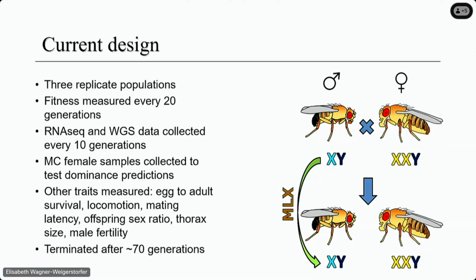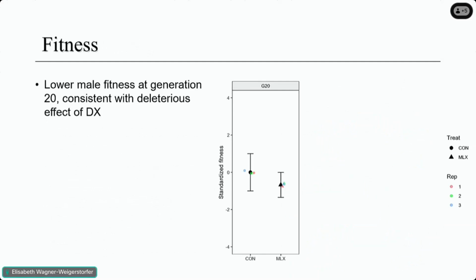Okay, so fitness results. When we do fitness, then we typically measure female fecundity in an 18-hour window, which matches the window of laying time that we use in our standard maintenance protocol.